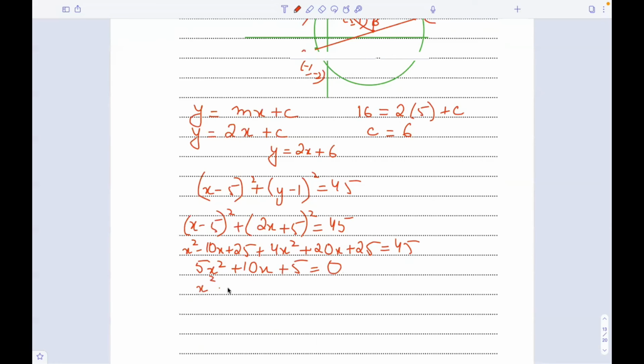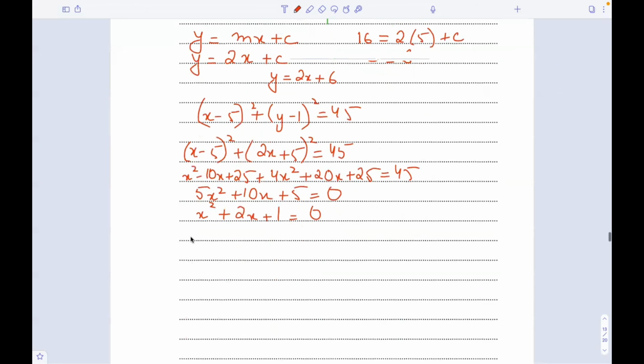We can simplify it down to x squared plus 2x plus 1 equals 0. So we have (x + 1)(x + 1). As we have repeated roots, we know that the x coordinate would be x = -1.